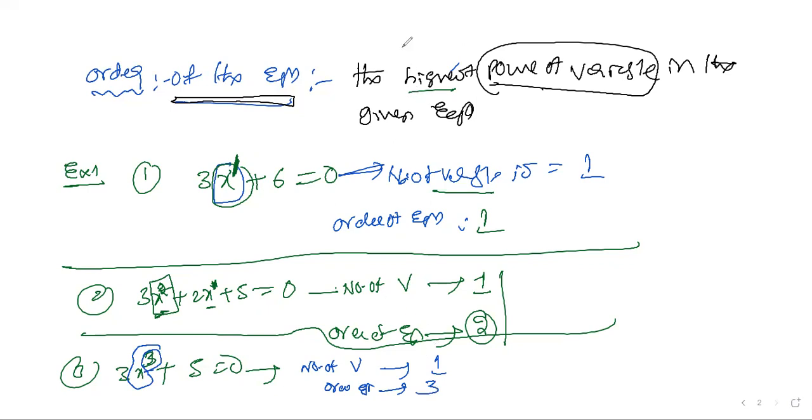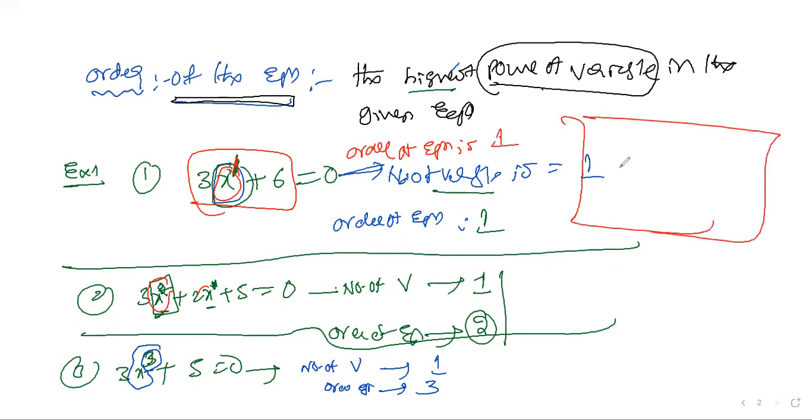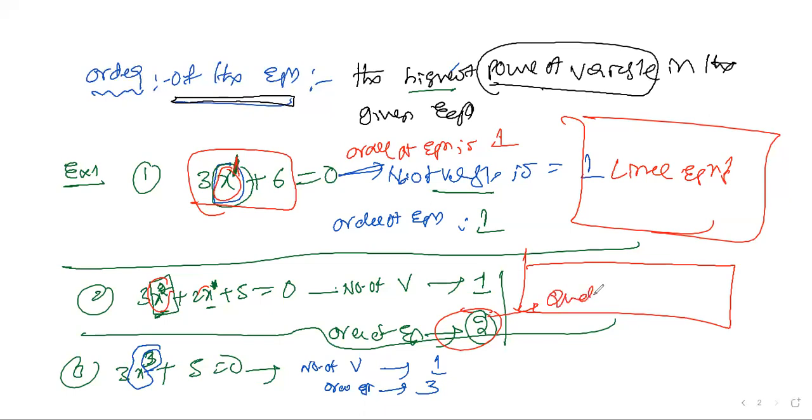Now you understand variables: they are nothing but unknown parameters. The number of variables is how many distinct variables you can count, here x. The order is the power of x. If the order of the equation is 1, such an equation is called a linear equation. If the order is 2, it is called a quadratic equation, where quad means 2.